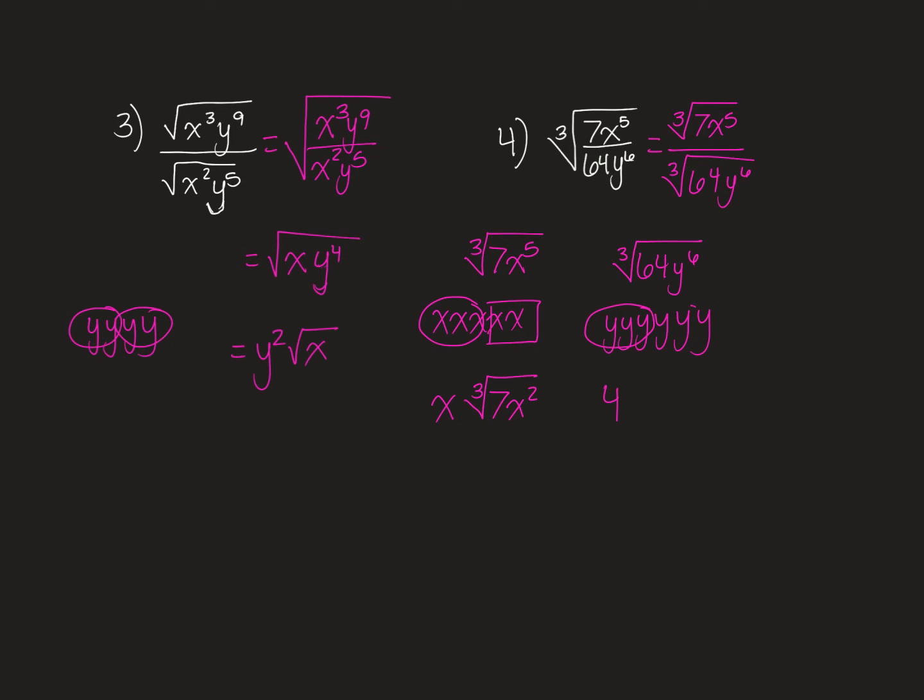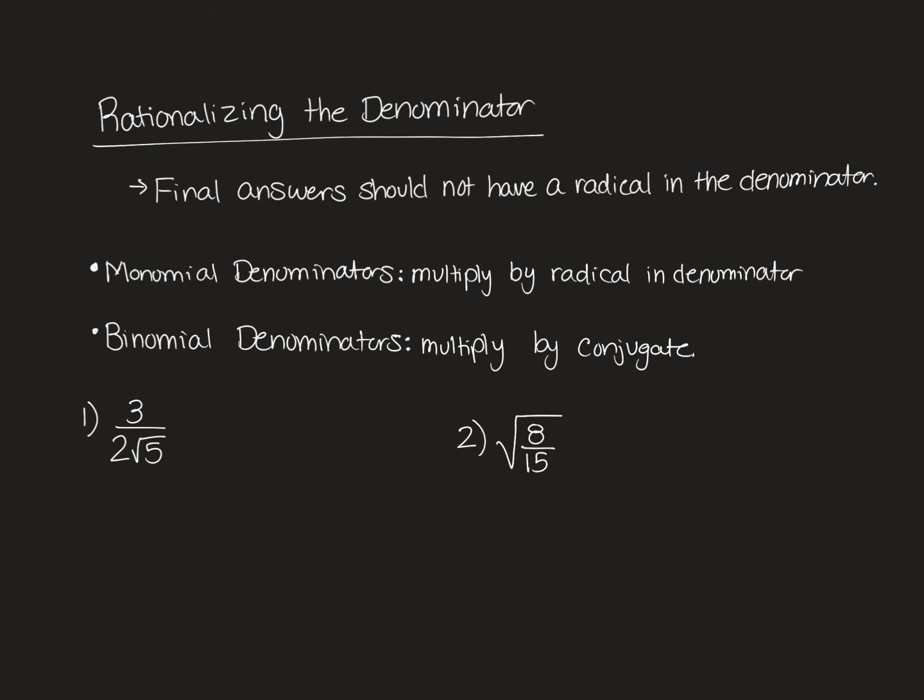I'm looking for groups of 3. I have 2 groups of 3, nothing left over. So the denominator simplifies to 4y squared. So let's write this out. The numerator is x cube root of 7x squared divided by 4y squared. This cannot be simplified anymore. That is your answer.